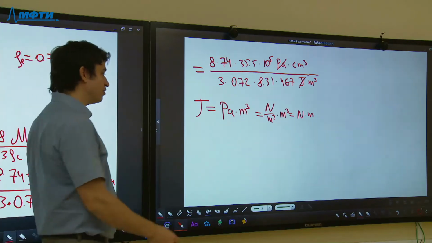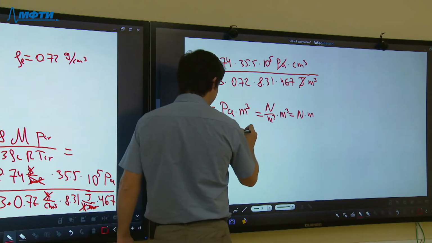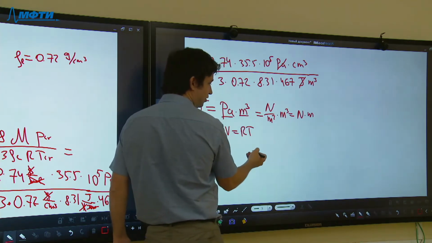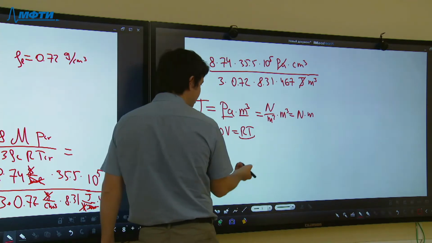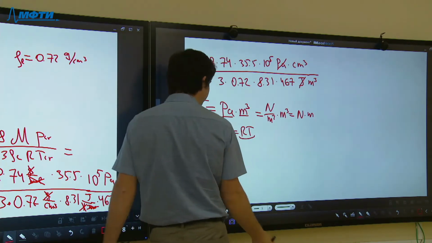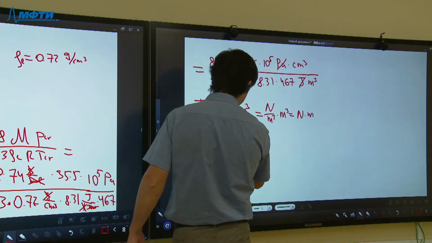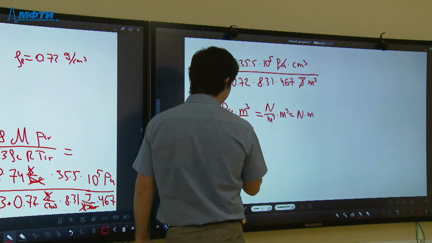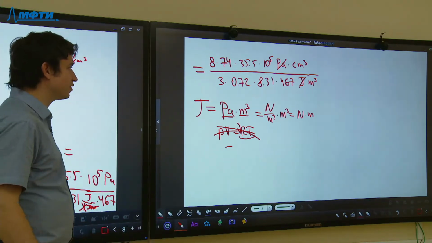Or actually, you can remember that PV equals nRT. This is pressure, this is volume, and this is nRT. RT has units of energy, and n has moles, so everything is again collected into energy. So whatever way you want.